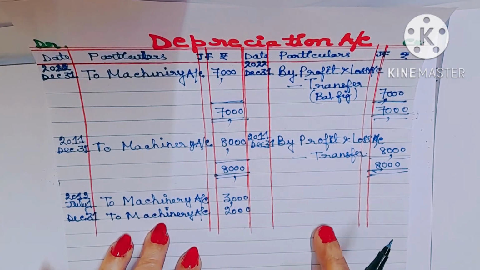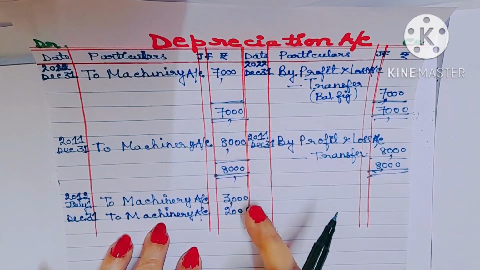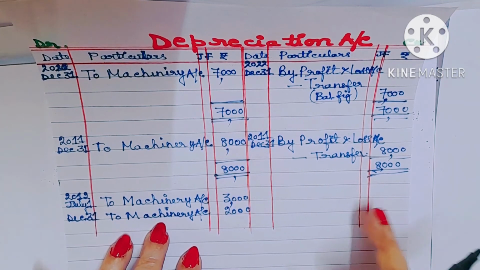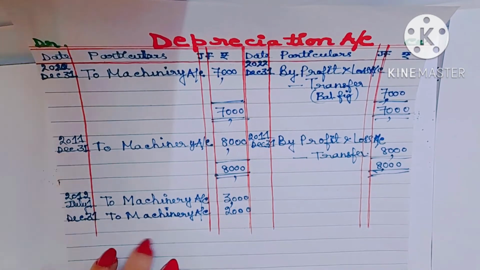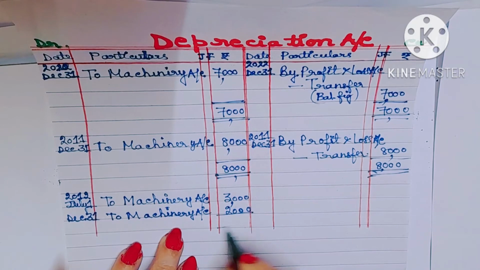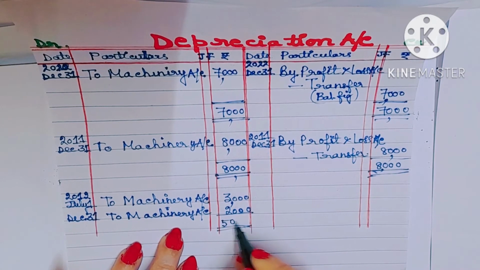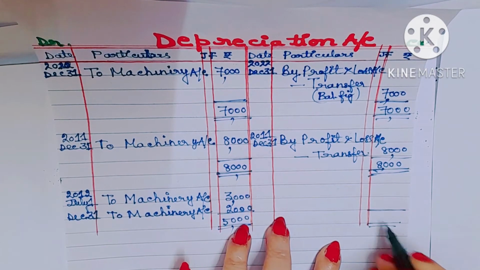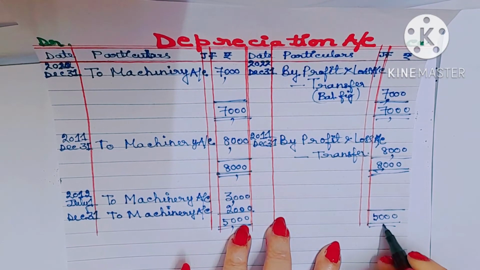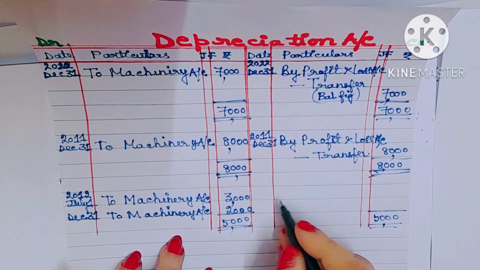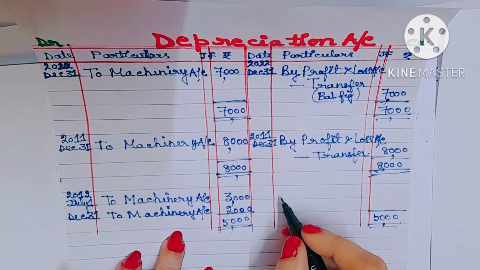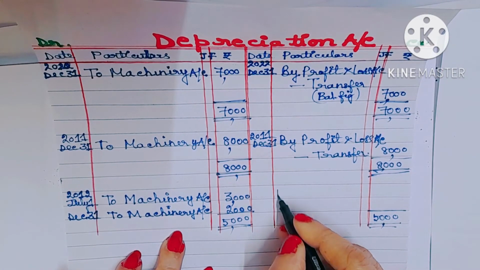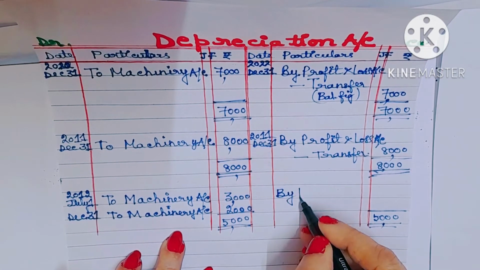Obviously debit side. 3,000 plus 2,000, 5,000. And on the credit side, there's nothing. That means 0. So we have to write 5,000 on both sides. So what is the balancing figure? 5,000. How are we getting it? 5,000 minus 0, 5,000. And we'll always transfer the balancing figure to profit and loss account.